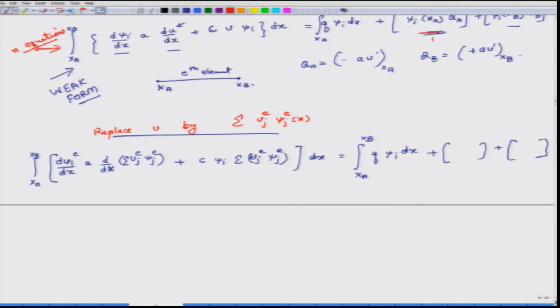So, I will just call this boundary term B1 and the other B2. Okay.